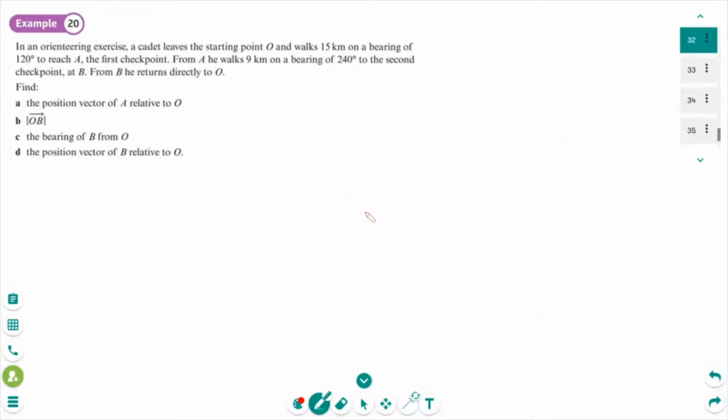In an orienteering exercise, a cadet leaves the starting point O and walks 15 kilometers on a bearing of 120 degrees to reach A. So that's how you start it. First of all, you need an origin, so I put my origin here. This is my north line.